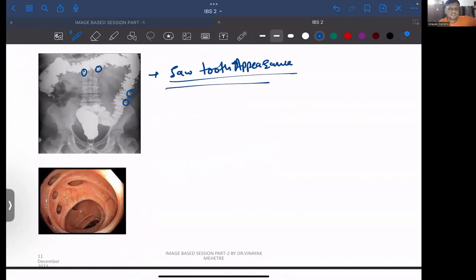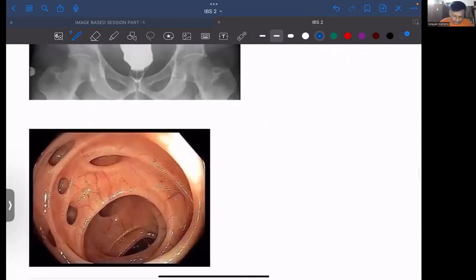Saw tooth appearance is seen in diverticulosis. What is diverticular? Outpouching. Outpouching को बोलते हैं हम diverticulosis, right? ऐसे outpouchings, pouch बनेंगे intestine के अंदर.